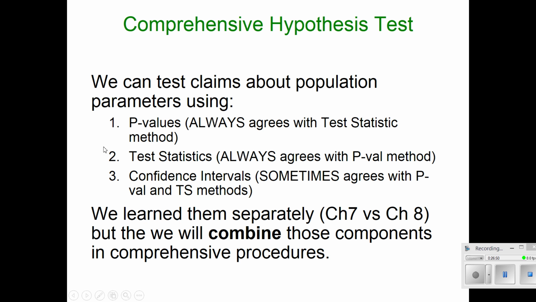Those two fall under the heading of a formal hypothesis test, just different perspectives of looking at the results. But the third, confidence intervals, is different, and it can sometimes disagree with your hypothesis test, but it's useful to do both because then we have more understanding of what the data is telling us.